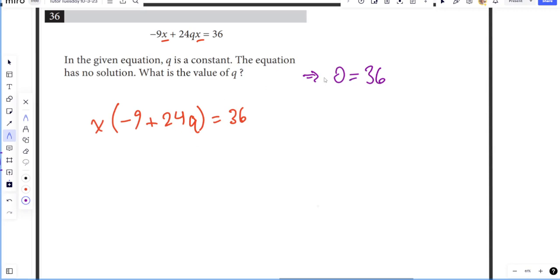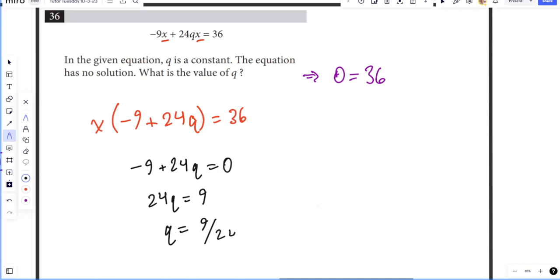That would just be totally untrue. No matter what value of x we put, if this thing equals 0, this is never going to be true. And what I see here is we want negative 9 plus 24q equal to 0, which means that 24q equals 9, or that q is equal to 9 over 24, which is our final answer. Q is equal to 9 over 24.